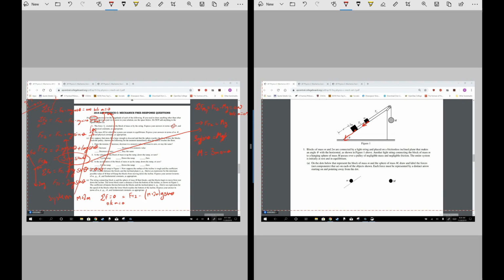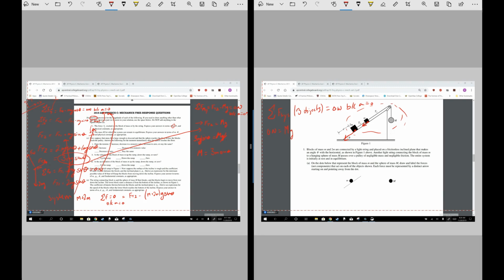Now the easiest thing to do, just like before, is to make all of this our system. All right, so the sum of the forces on our system, which is the three objects, again equals 0 because a equals 0. So we have 0 newtons then equals, on the one side, the capital Mg still, right?